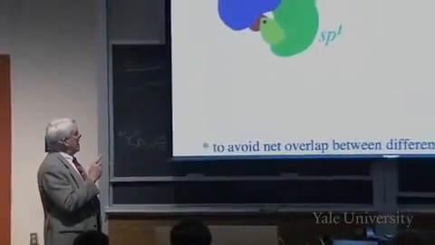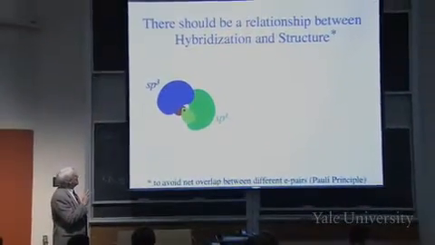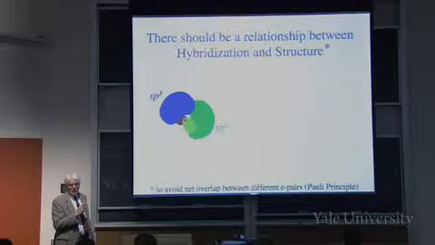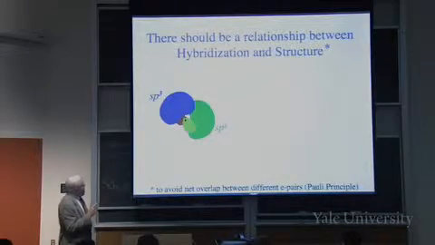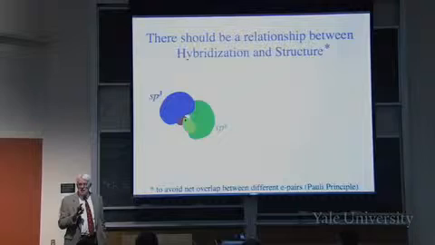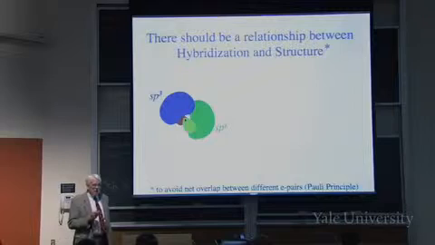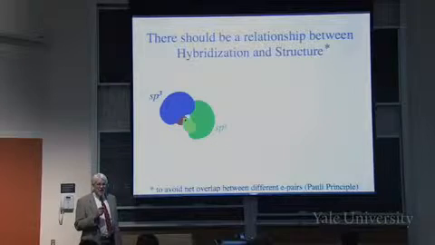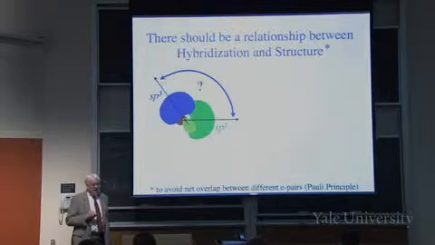But there'll be negative overlap where blue overlaps red or where green overlaps yellow. Okay? Is that right? And there'll be some angle at which those things exactly cancel out and you get no net overlap, no overlap integral. And we are interested in knowing what that angle would be. That is, how should hybridization be related to angles, be related to structure? Well, so the question is, what's that angle?